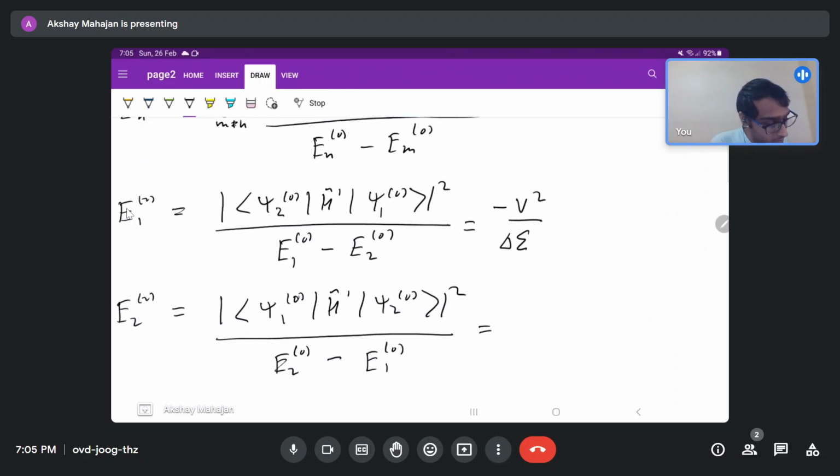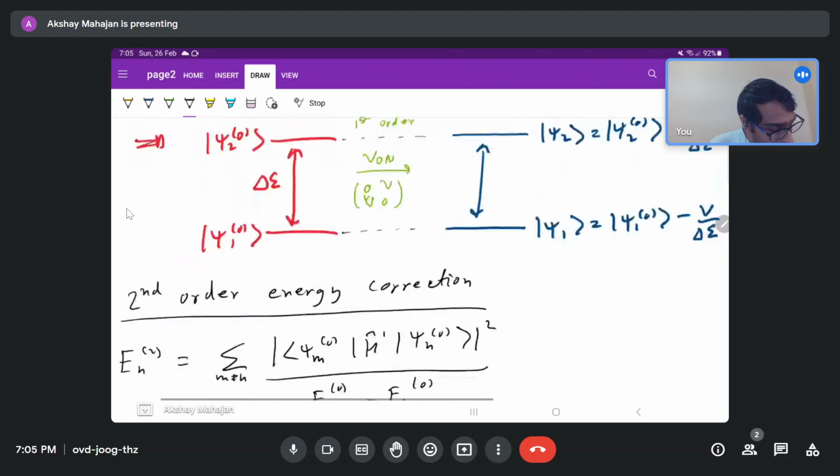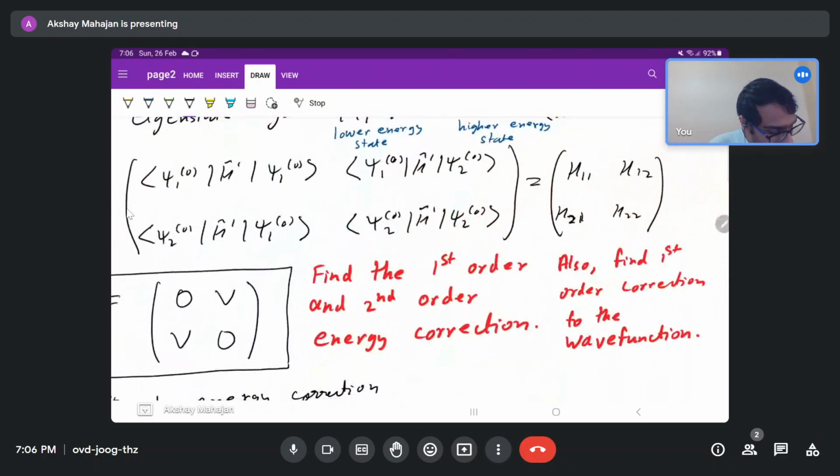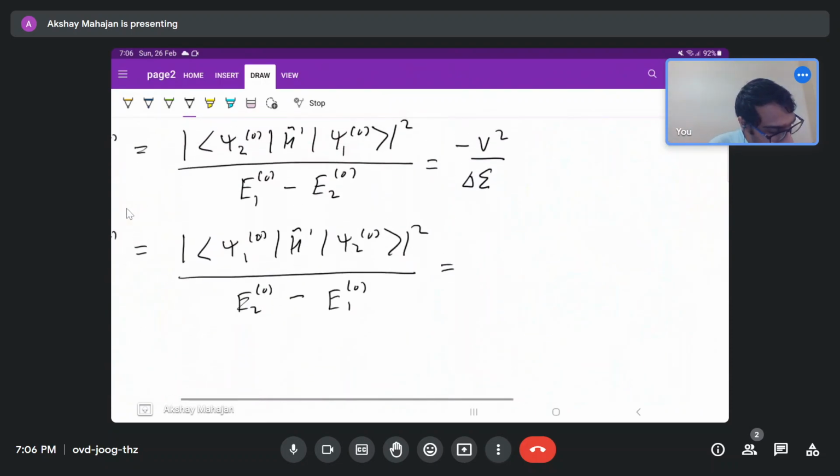Again this psi 1 0 h cap prime psi 2 0 is h12, you can check h12 is v, so that will be v square upon delta epsilon.